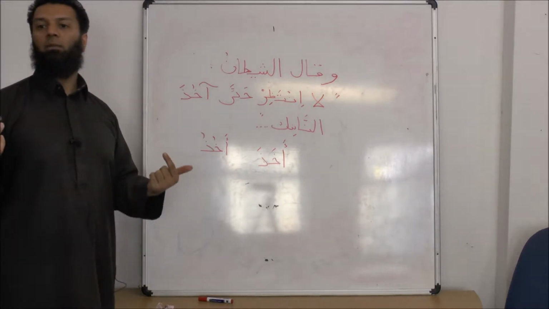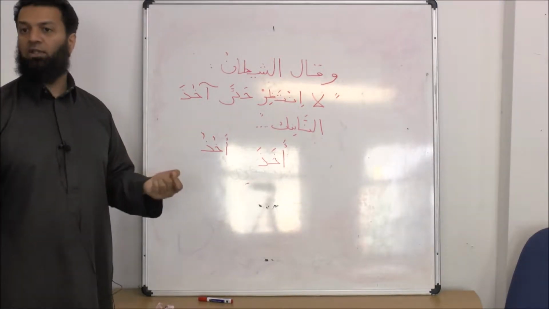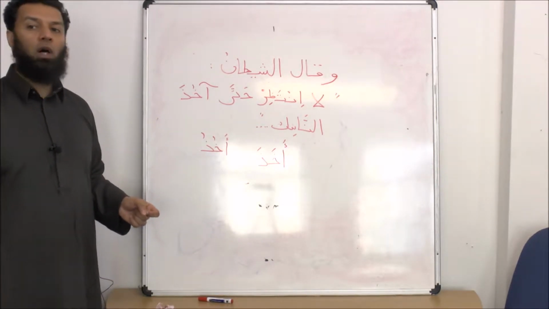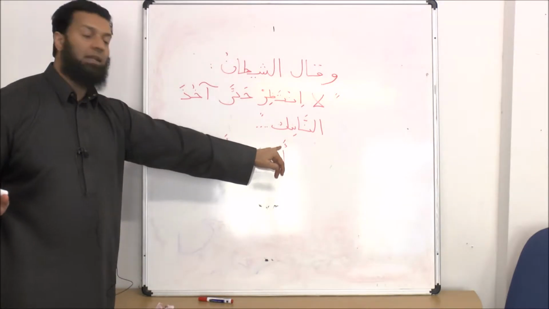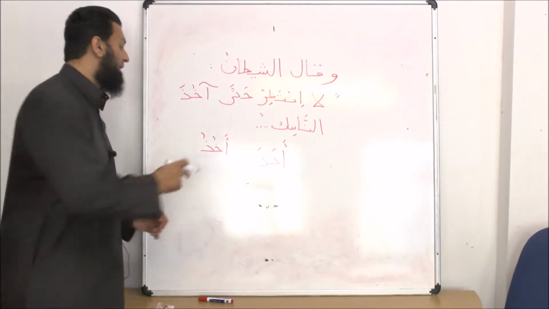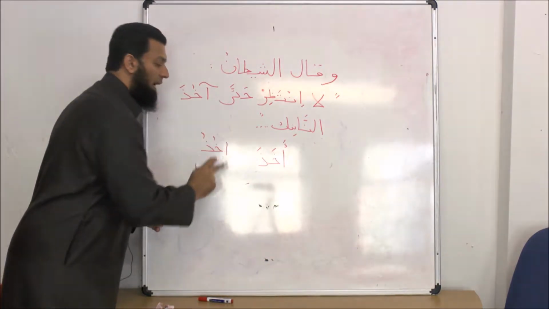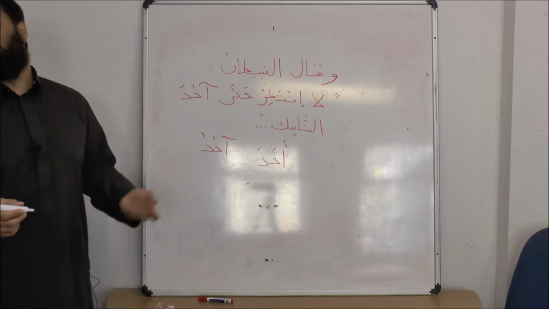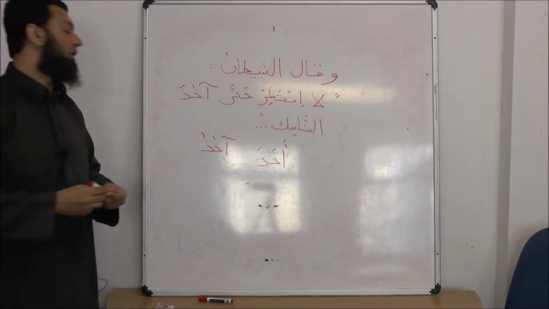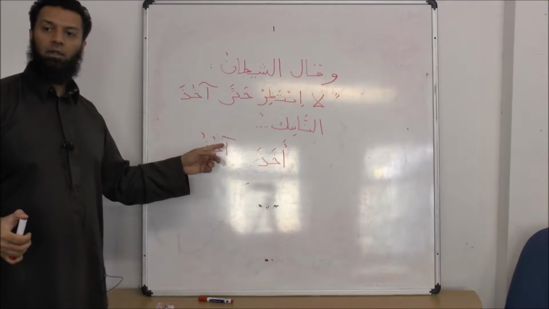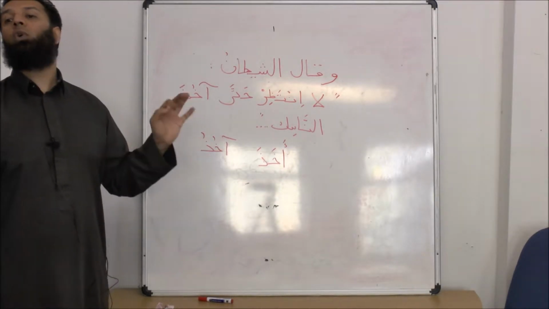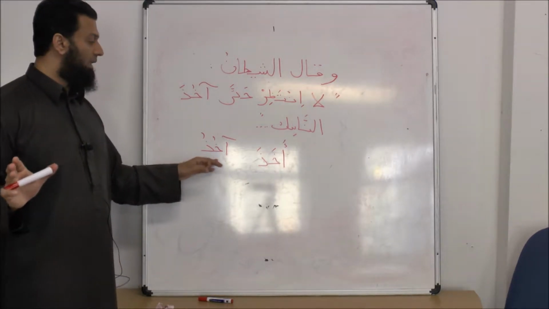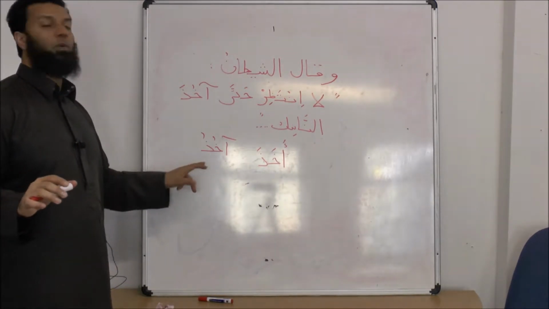Shariba ashribu. Jalasa ajlisu. It's not going to be akhudhu. Why? Because the past begins with a hamza. Therefore in the present, what happens? The elongation of the pronunciation of the vowel, the mad. Okay? It becomes akhudhu. So we've gone from akhadha to akhudhu.